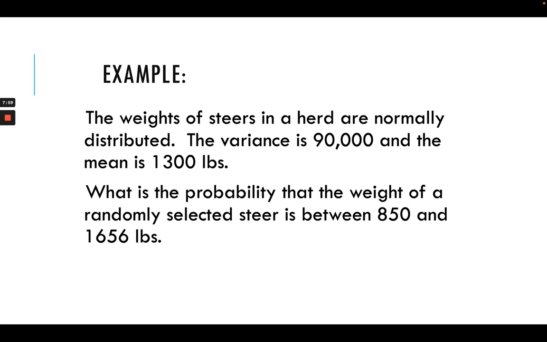You want to remember from our chapter on measures of spread, we took the square root of the variance to get to the standard deviation. You're going to do the same thing here: take the square root of our variance, and that gives us the standard deviation, and then we can use the normal CDF function.